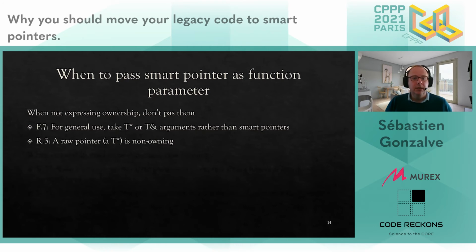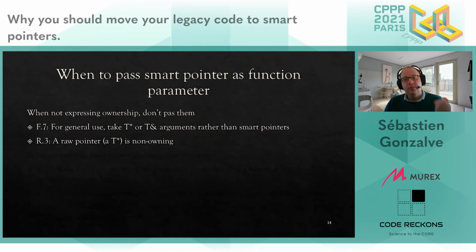The first thing you can find in the C++ Core Guidelines is to try not to use smart pointers as a parameter of your function if they are not useful. So maybe you can just pass references, or pointers if you need to nullify something at some point. And anyway, passing a raw pointer has a semantic of non-owning.